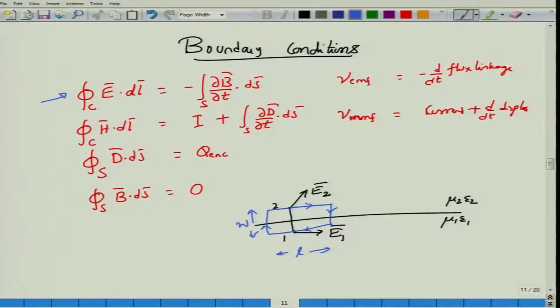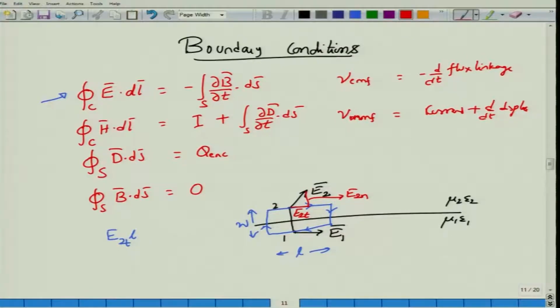So I can write this as E2t into L, where E2t is the tangential component. This electric field has two components: the tangential component, which multiplies the path length, and a normal component which we will call E2n, perpendicular to the boundary.